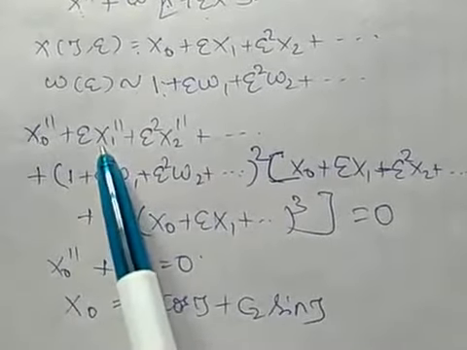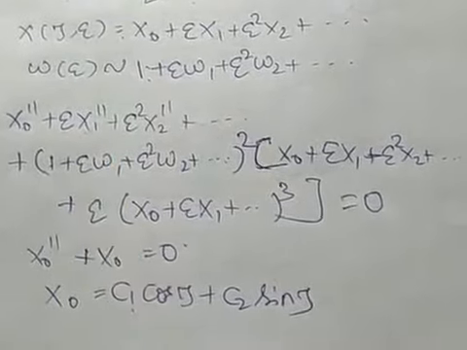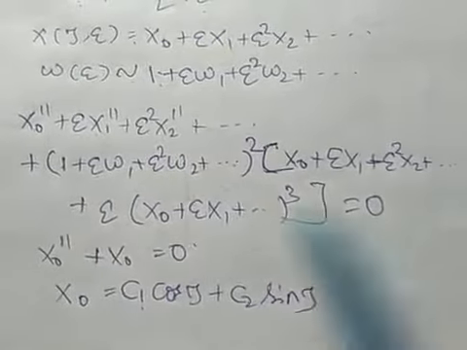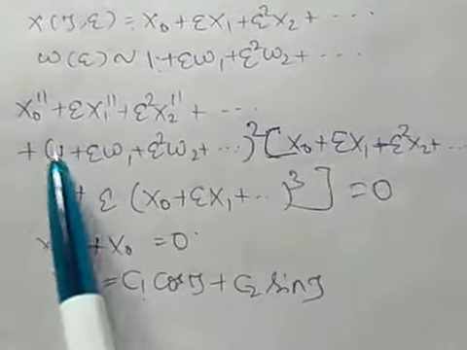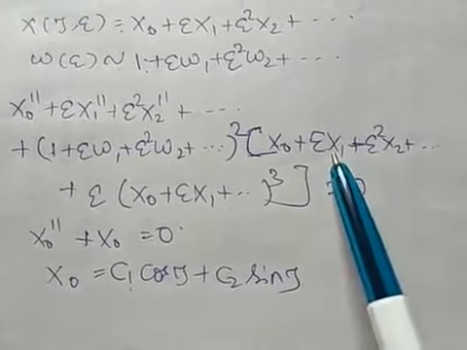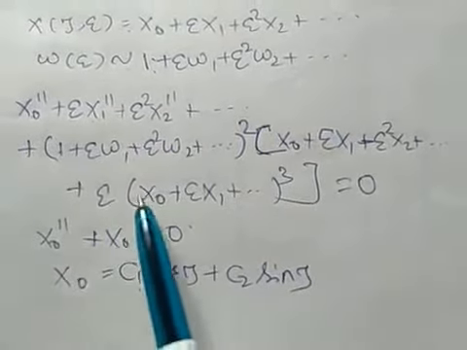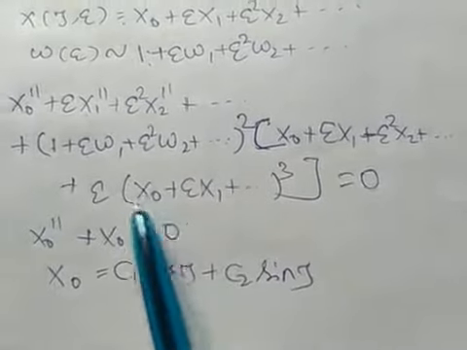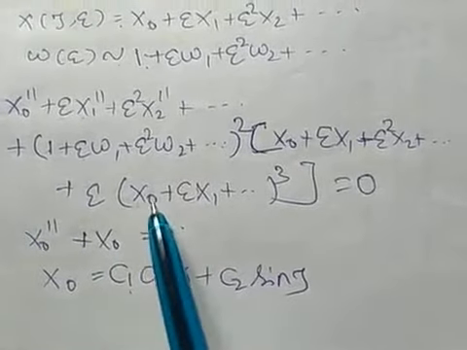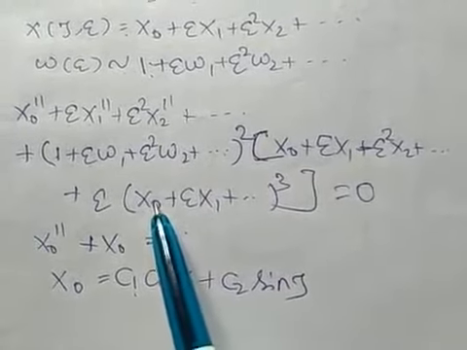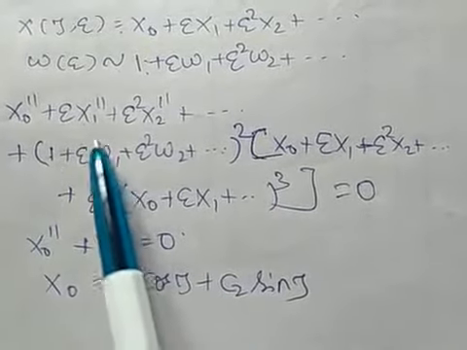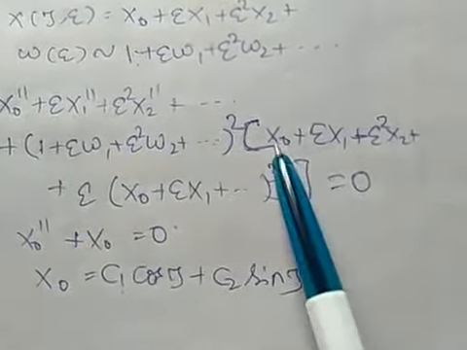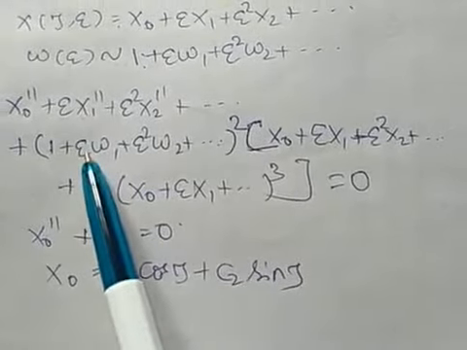Here we are having x1 double dash. So the first term is x1 double dash, and its coefficient is 1, so here we get x1. The next term is x naught cube, so we get x naught cube. And omega 1 into x naught is the coefficient of epsilon.